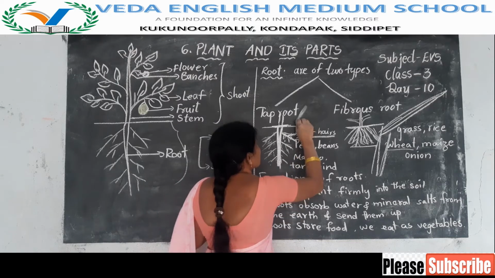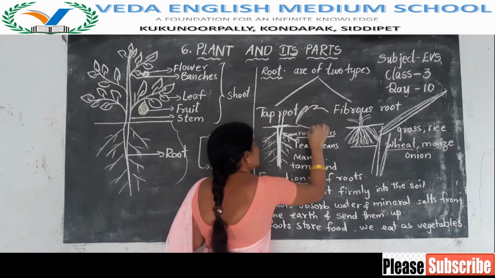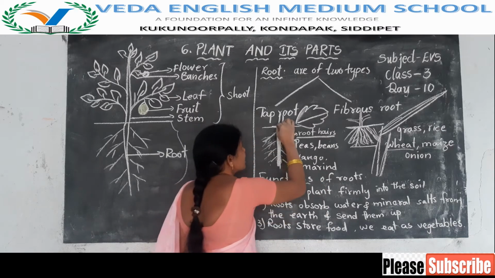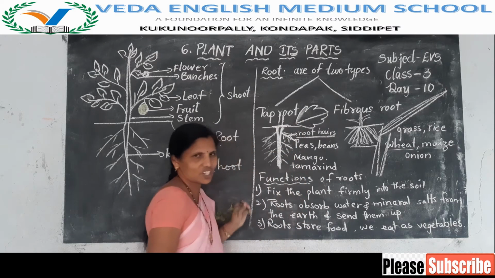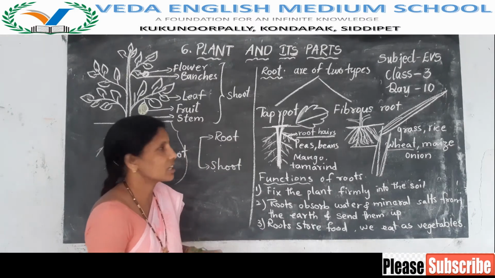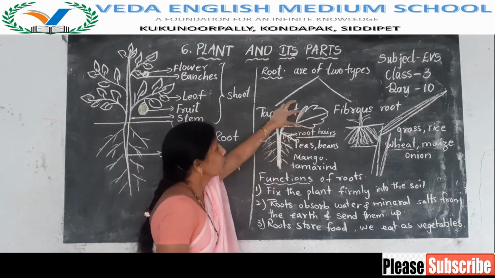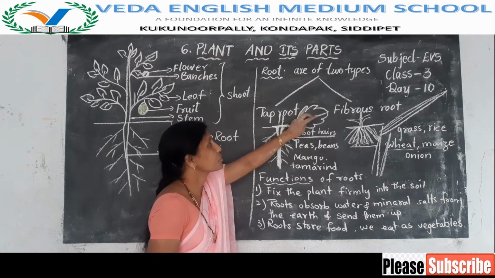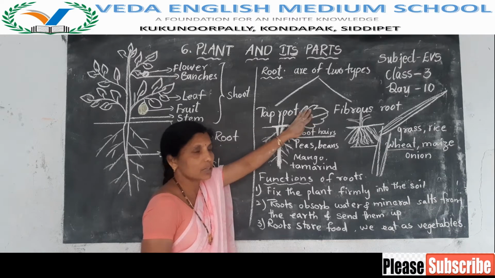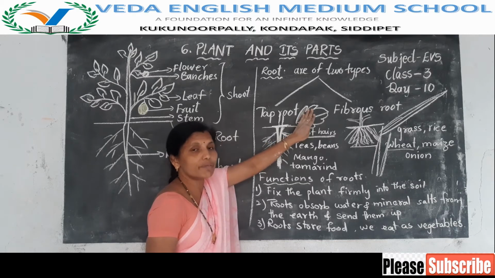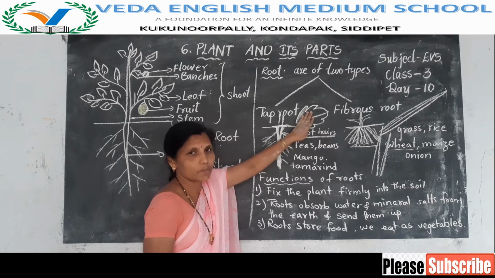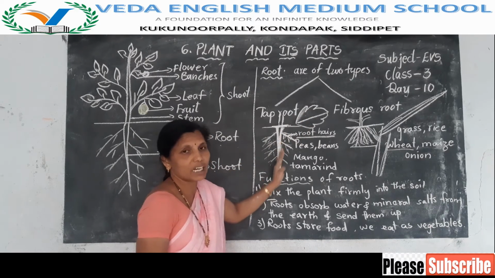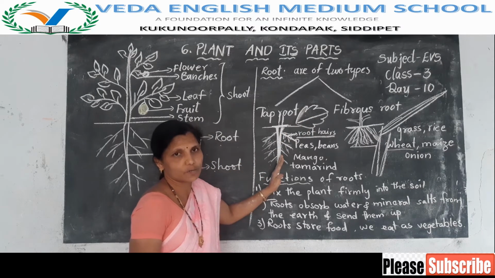If the plant leaves are like this, then the root is taproot. Okay, children, if we can see this type of leaves, broad leaves, on some plants and trees, then those plants have taproot.